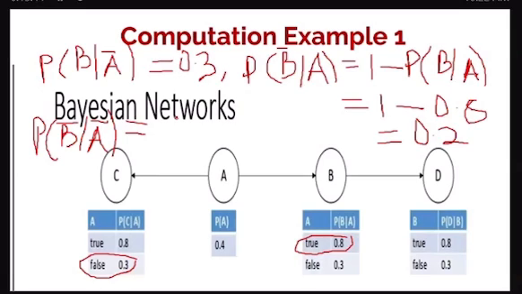Go ahead. Exactly. Send me a message for extra credit. That is it. It's going to be 1 minus the probability of B given A complement.